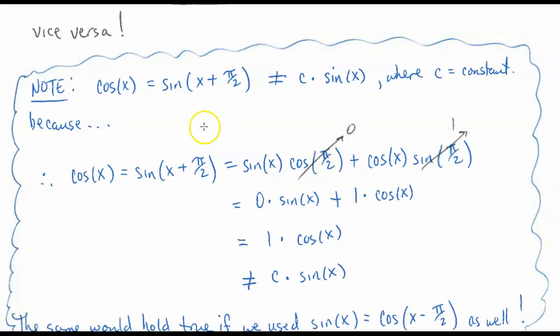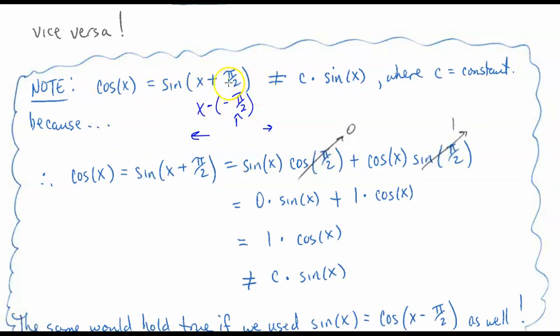And we say shifted to the left because this x plus pi over 2 is translated as x minus negative pi over 2. When this number is negative, we do a horizontal shift to the left. When this is positive, we do a horizontal shift to the right.